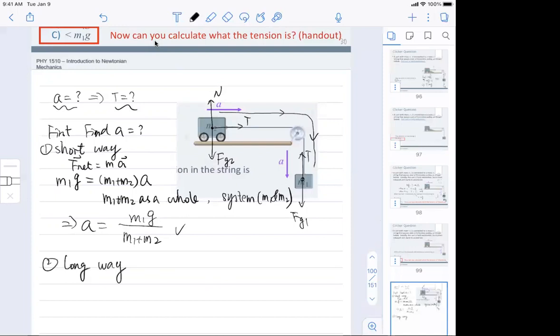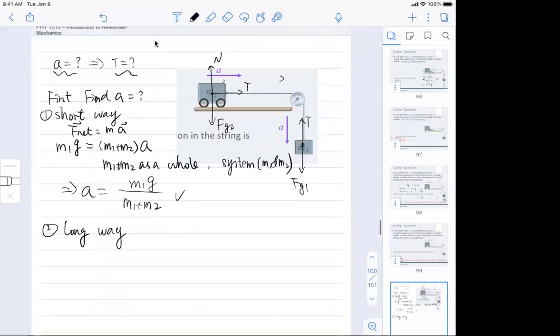If you're not really convinced that we can view our motion this way, where one is horizontal and one is vertical, you can always do it separately. Then you need to apply Newton's second law to M1 and M2 separately, so you apply it two times.